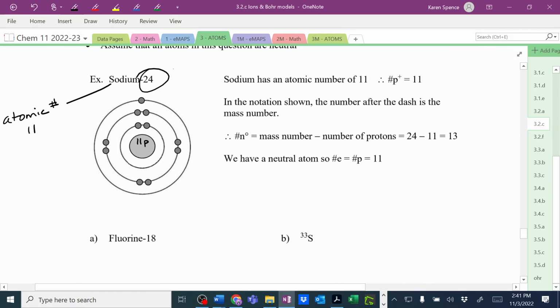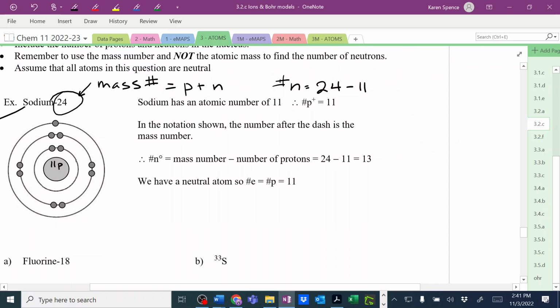It is sodium 24. What is that number there? That's the mass number. What's it equal to? Protons and neutrons together. So how do we find the number of neutrons? It's going to be 24 minus 11. It's the mass number minus the protons.